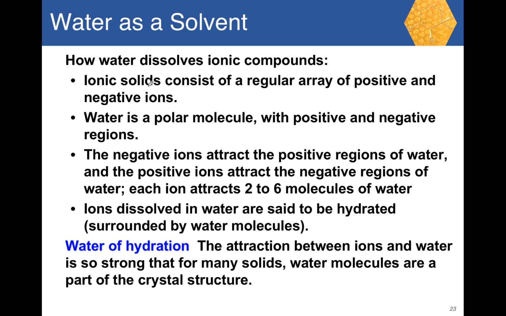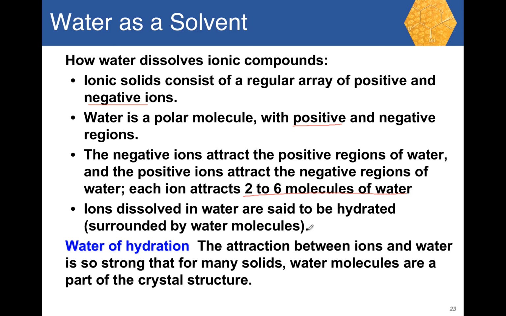Water as a solvent, as we have described before, is a polar solvent, and of course if we have ions, such as a negative ion, it will surround that negative ion. If we have a positive ion, because it's polar, it will surround that positive ion. There are typically around 2 to 6 water molecules around each ion.